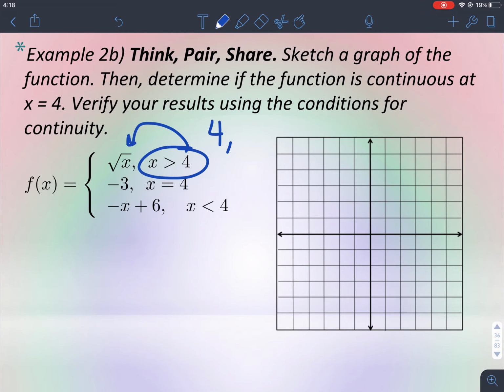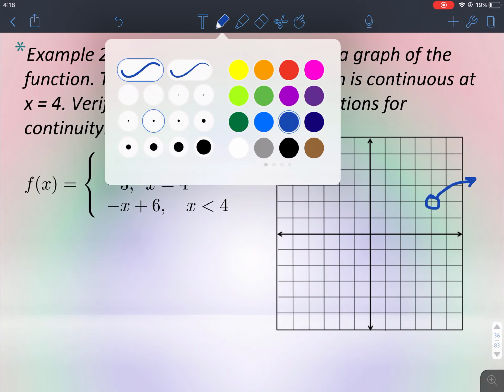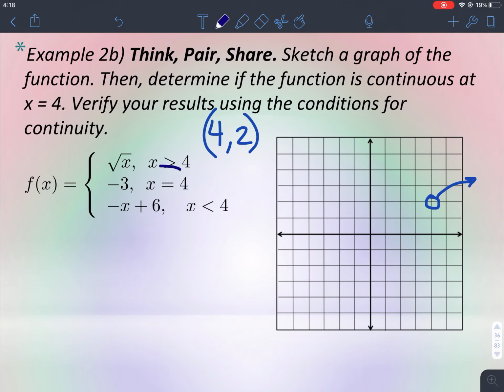So the point (4, 2) is on this graph with an open circle. And then it kind of drifts off to the side. That's our square root function. Next, if x is equal to 4, then I get negative 3. So the point (4, -3) is on this graph with a shaded circle.